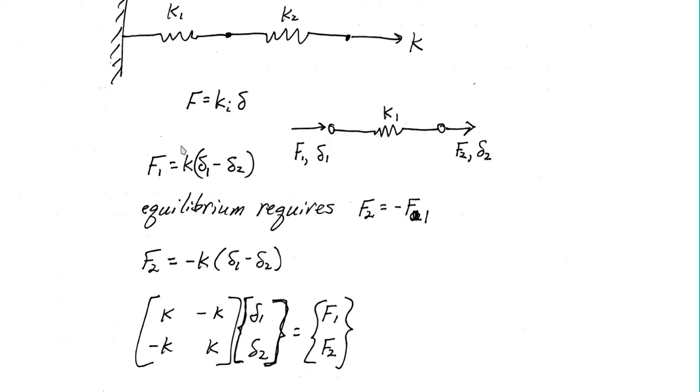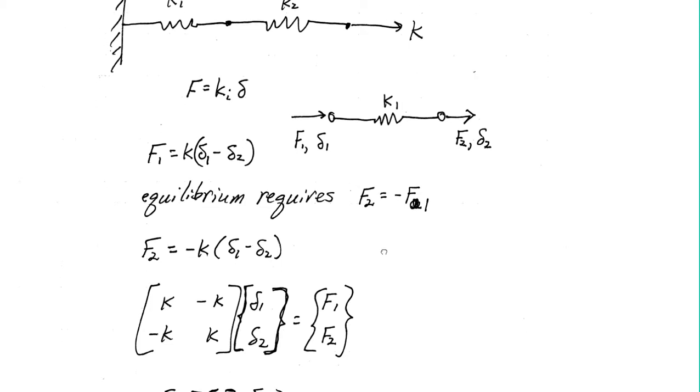So for that element, here's my constitutive relation. My force 1 is the spring constant K, where that K is actually K1, and then it's a relative displacement. So delta 1 minus delta 2 gives me the force. Just recall, if delta 1 is equal to delta 2, we just have rigid body translation, and that would result in zero force.